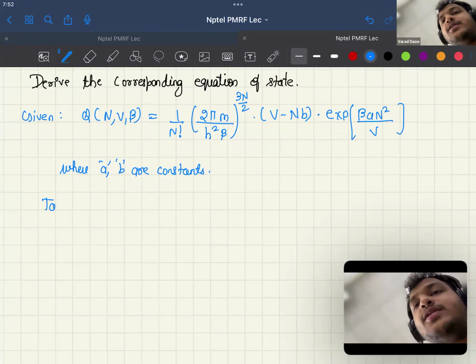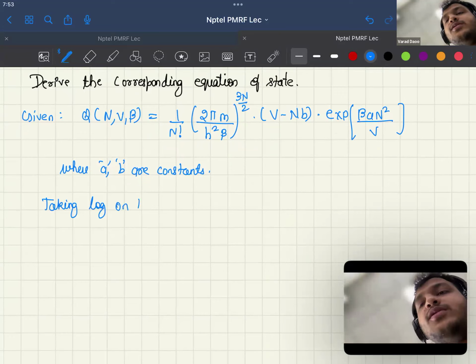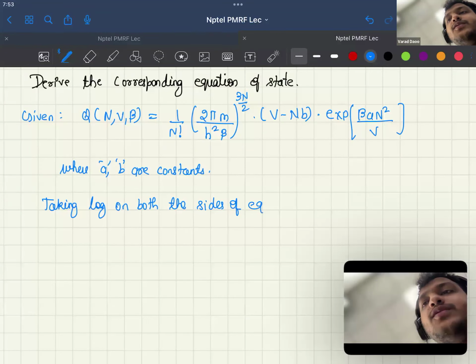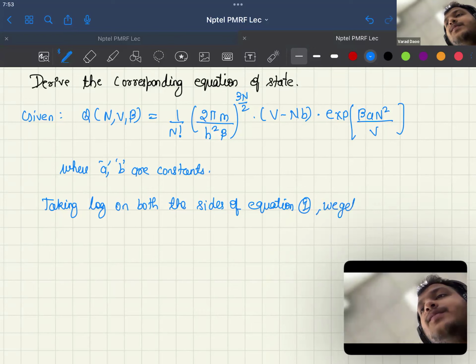Now taking log on both sides of equation 1.